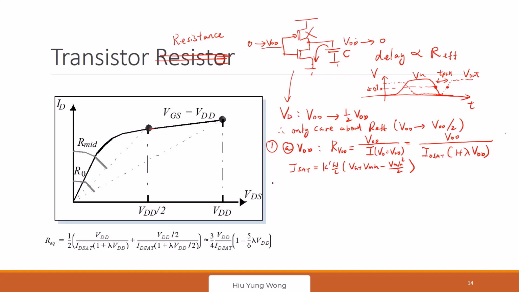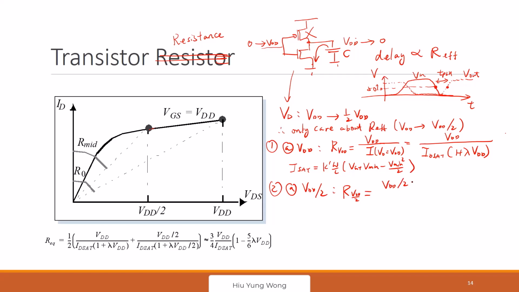Now, if this is clear, then of course, I also want to know at VDD divided by 2, because at VDD divided by 2 is where I stop calculating the delay time. Then at that time, our R at VDD divided by 2 is just equal to VDD divided by 2, right?